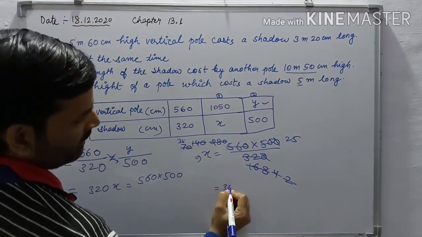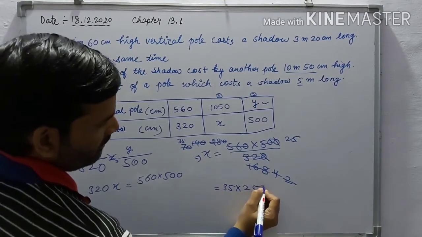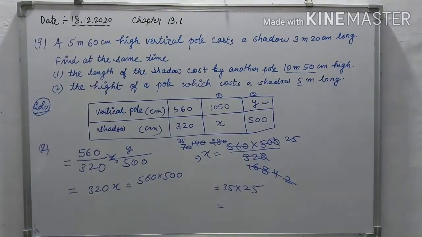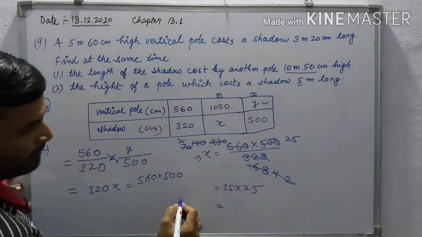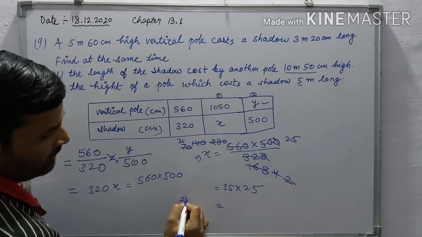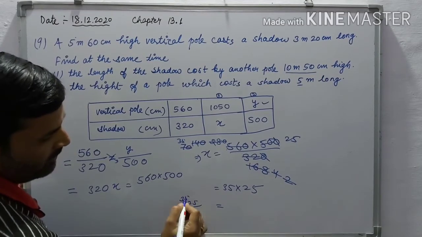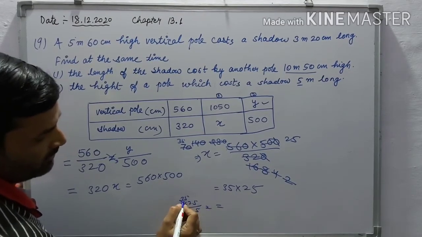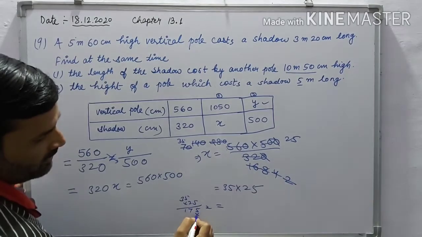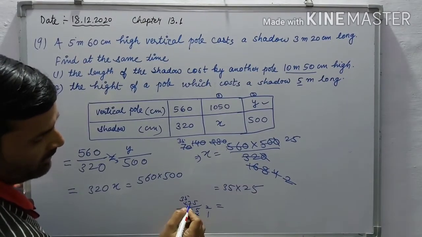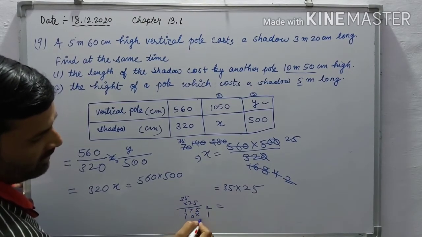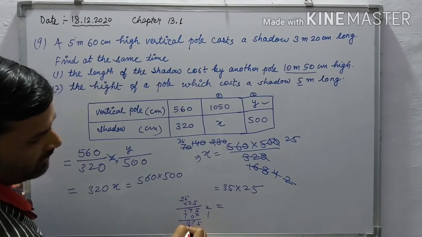It means 35 into 25. You multiply 35 into 25. 5 5 is 25, 5 2 is 10, 1, and 2 3 is 6 and 7. That is 875.